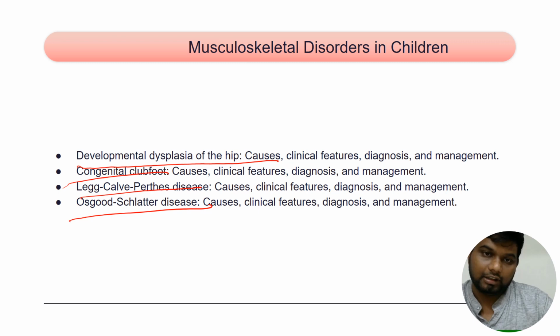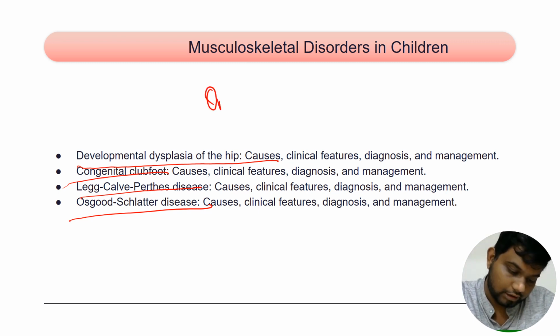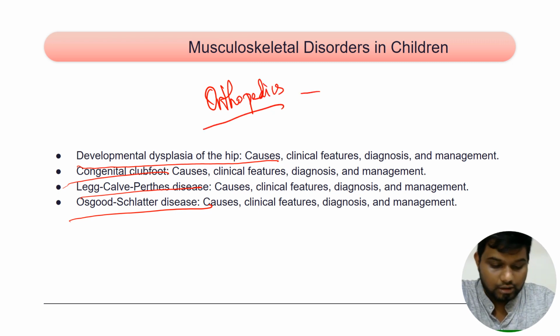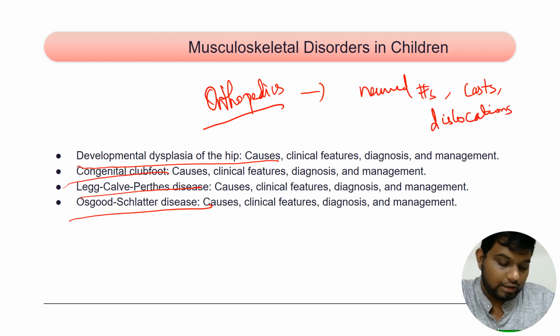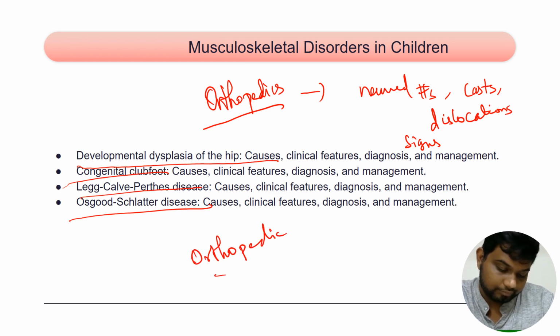Speaking about orthopedics, named casts you have to remember. Okay, let's list out the minimum basic things you have to remember in orthopedics: named fractures, named casts, named dislocations, named signs, and orthopedic tumors.